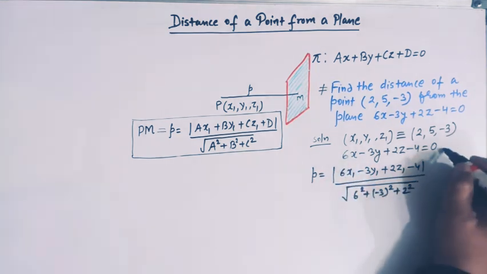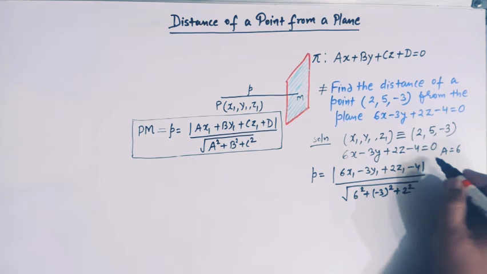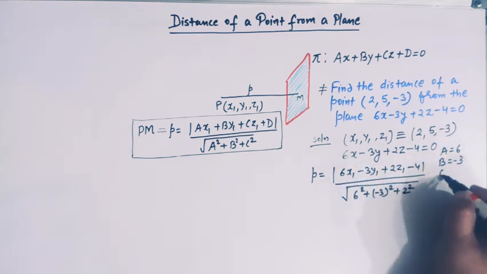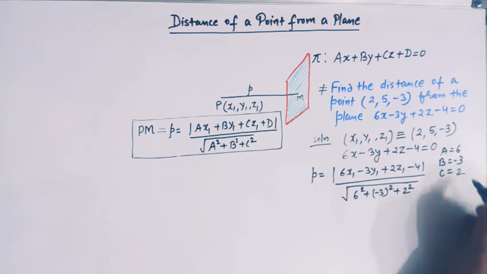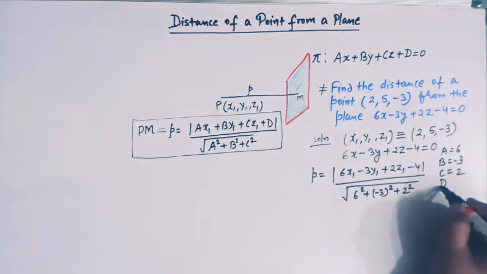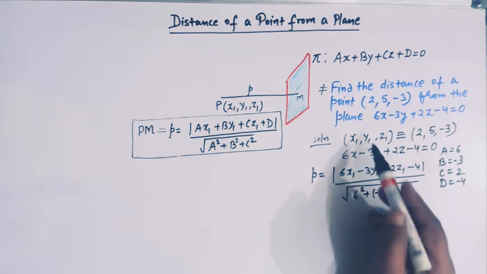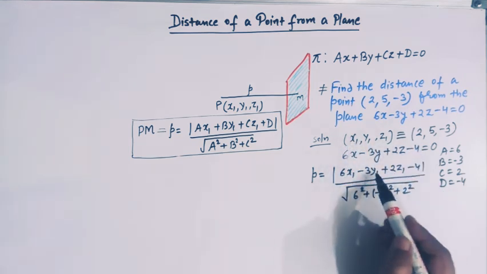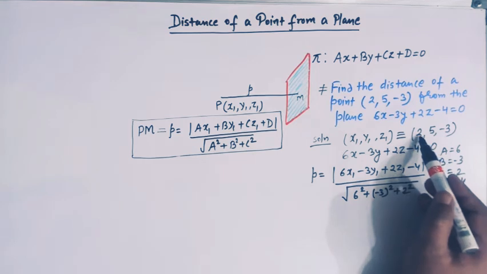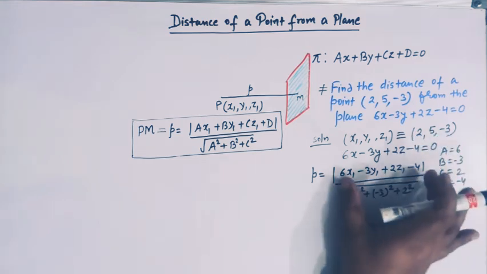Because the value of a is 6 and the value of b is minus 3 and the value of c is 2, right? And d is equal to minus 4, right?